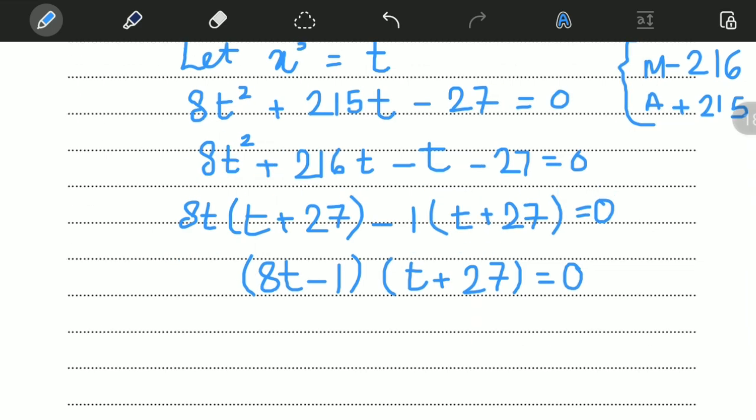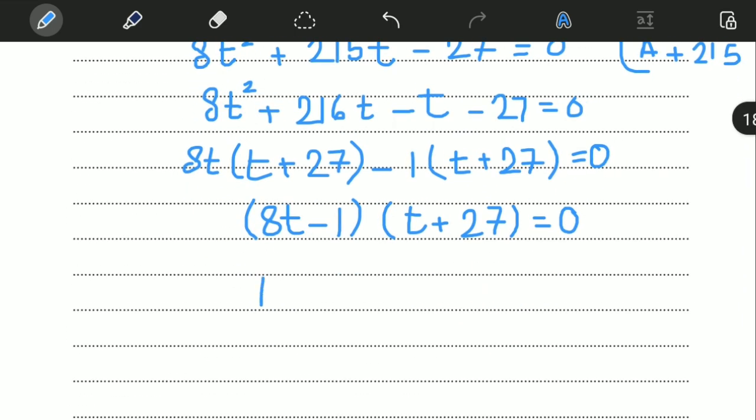Okay, now take out the values of t from here. 8t minus 1 equals 0 will give you t equals 1 by 8, and t plus 27 equals 0 will give you t equals minus 27.